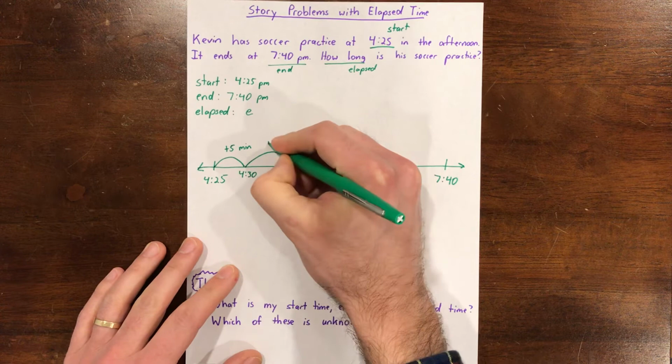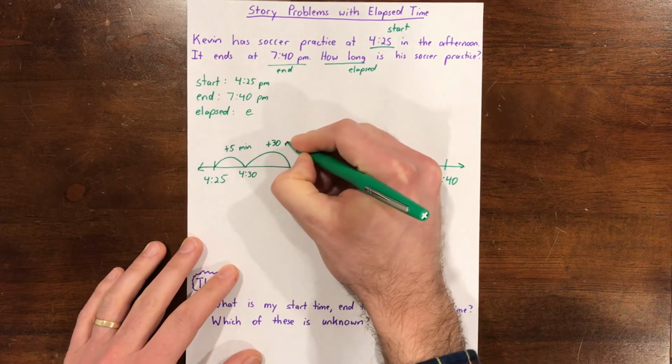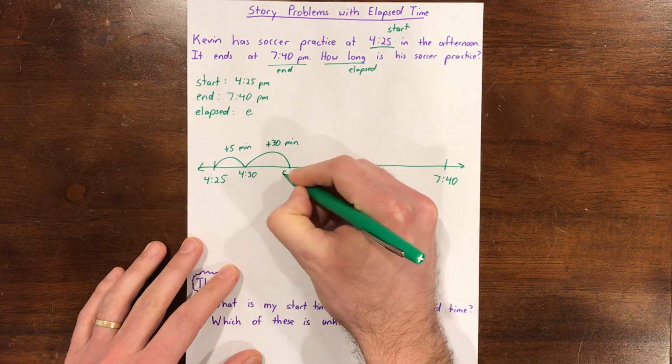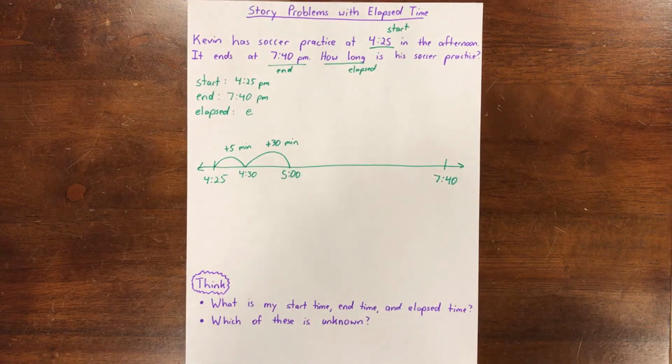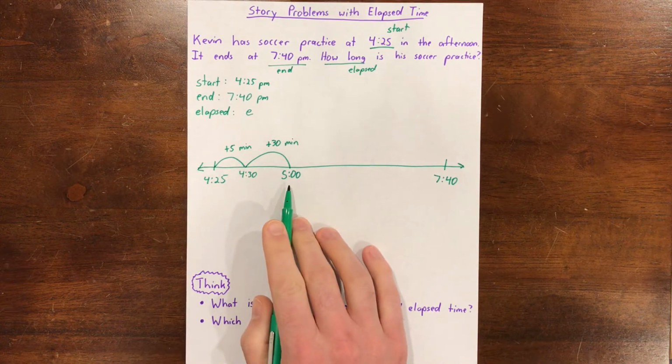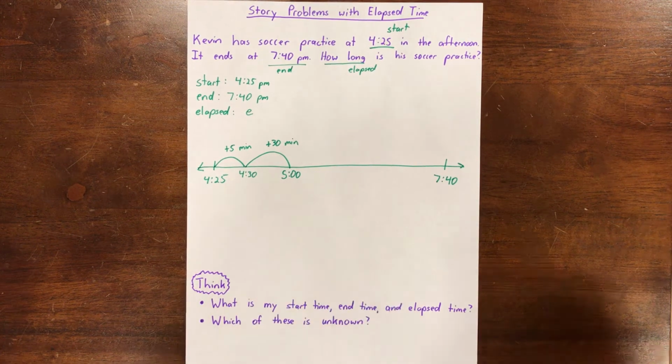Okay, so what would our next jump maybe want to be? Say it out loud and explain your thinking. Probably the next thing we'd want to do is jump 30 minutes so that we could get to 5 o'clock. Now, why would we want to get to 5 o'clock? Say it out loud. Right, 5 o'clock is an even hour, right, with no minutes. And a time like this is super easy to jump forward from.